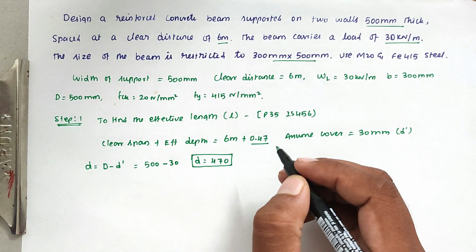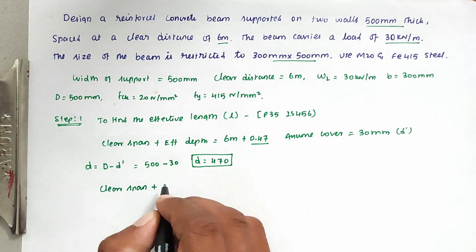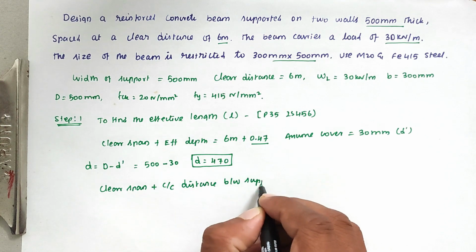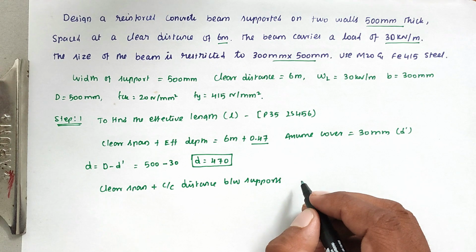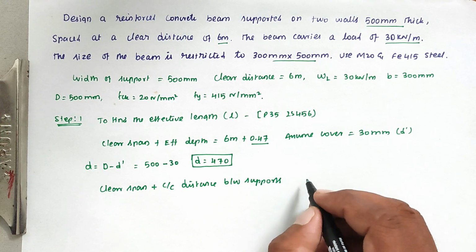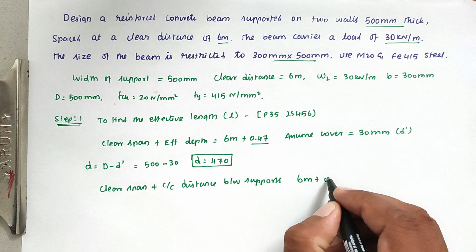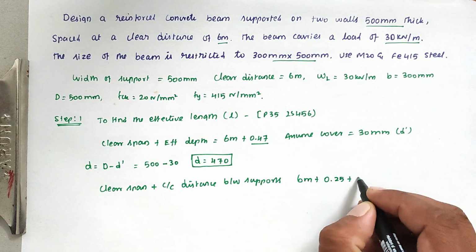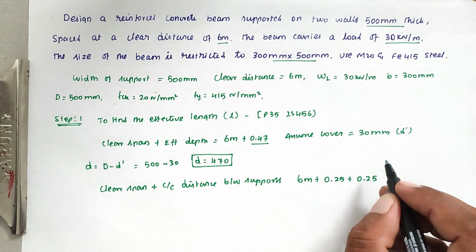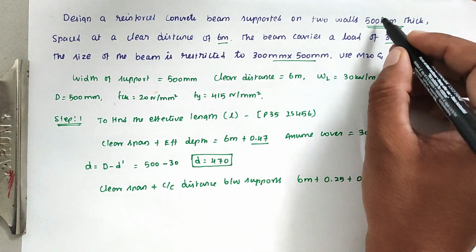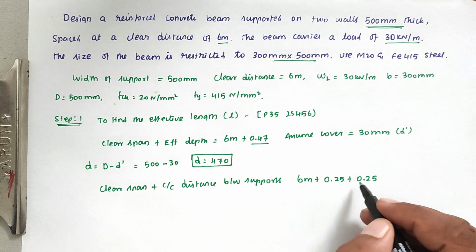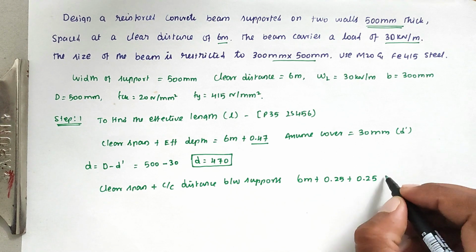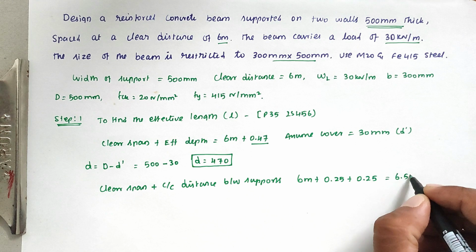Now the clear span plus the center to center distance between the supports. So 6 meter plus 0.25 plus 0.25. The support is 500 mm, so half the distance on each side gives 0.25 and 0.25. So we got the value of 6.5 meter.